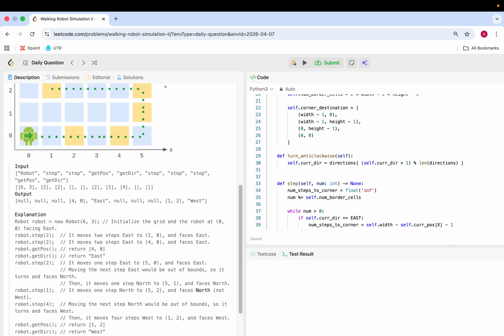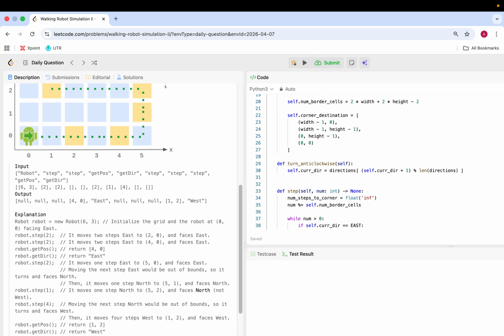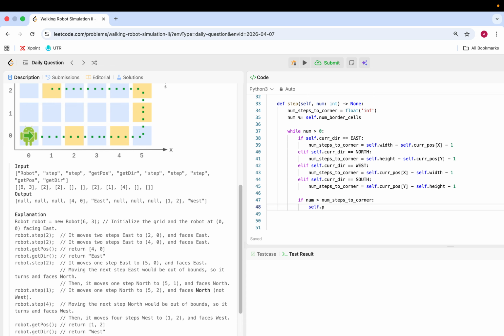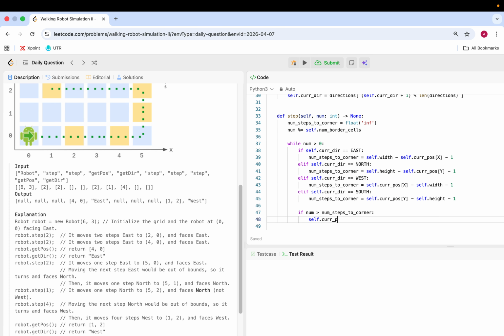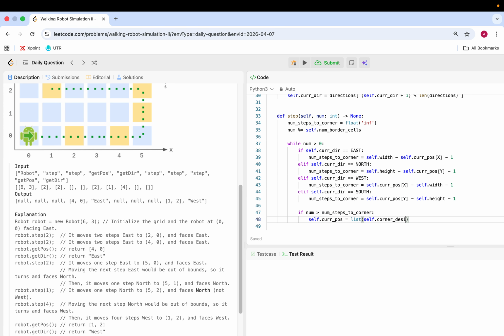So if this is the thing, then self.current_position is equal to the list of self.corner_destination at index self.current_direction.